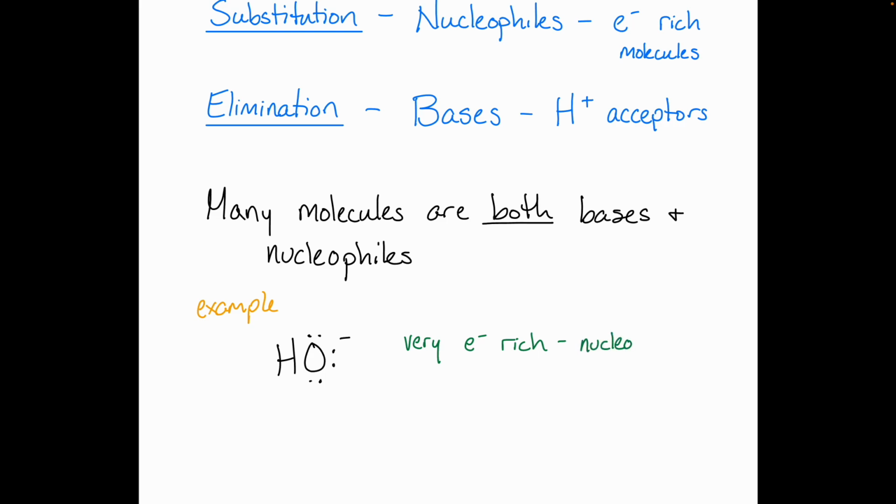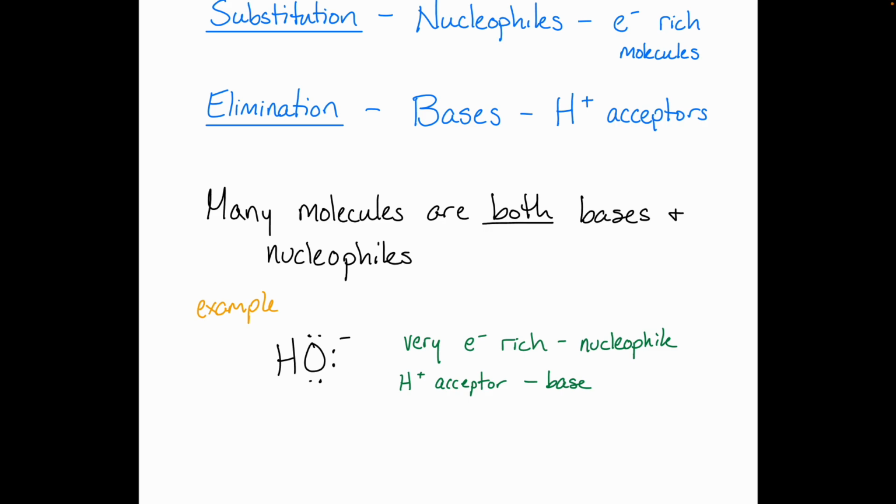So it is a nucleophile. But one of your very first introductions to hydroxide would have been that it is a strong base. It is also an H plus acceptor, which again we call a base.